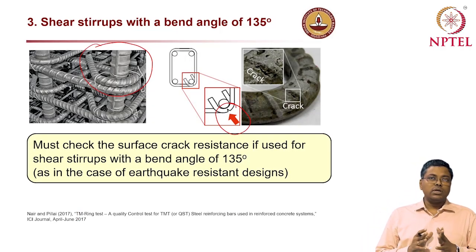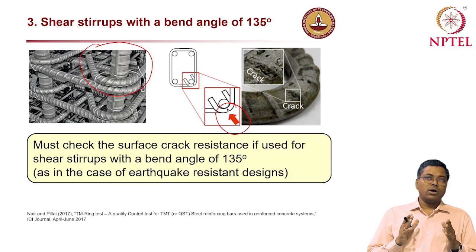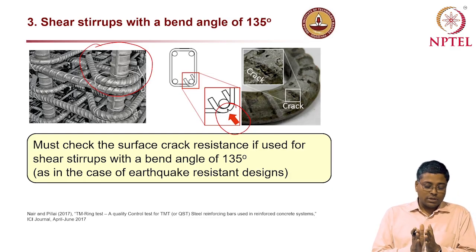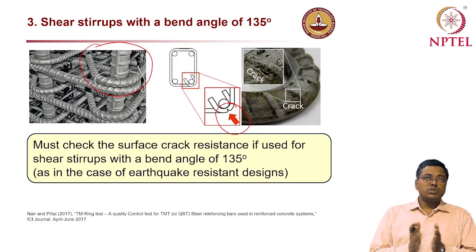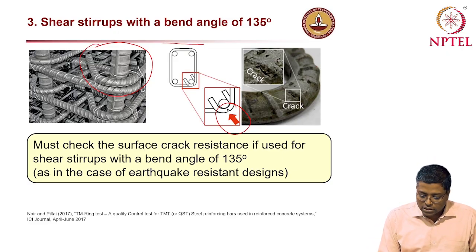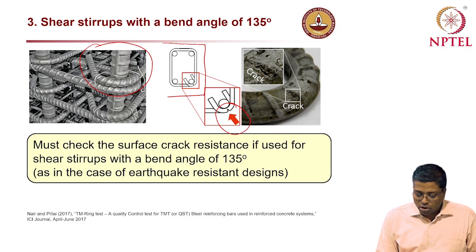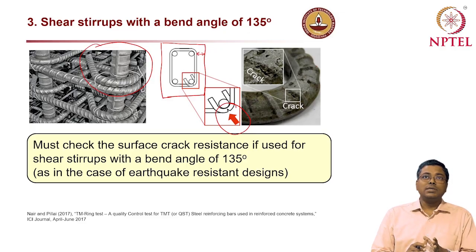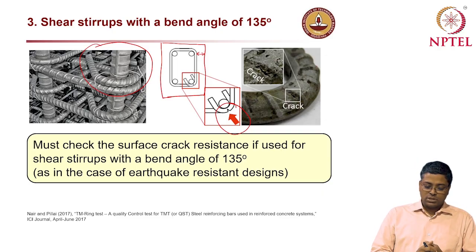And one more thing to mention here is, when we talk about the stirrups, shear stirrups, these are the bars which will have smaller cover than, imagine this is the concrete surface, and the cover for the shear stirrups is only this much, whereas the primary reinforcement has a larger cover than what is available for the shear stirrups.